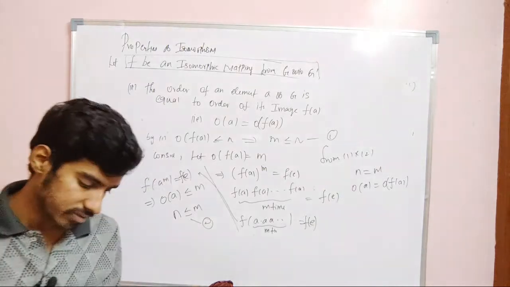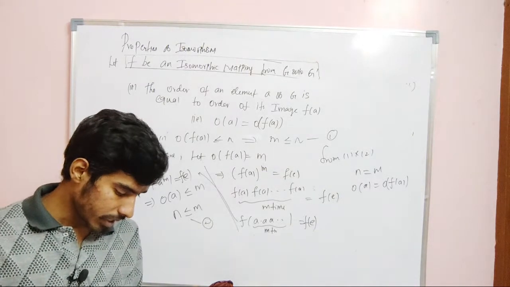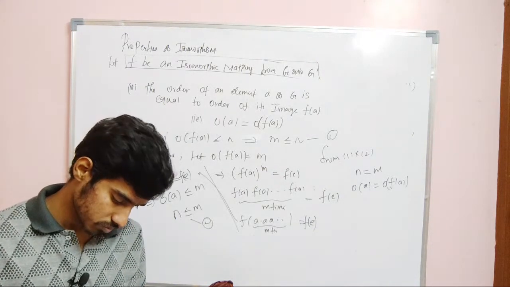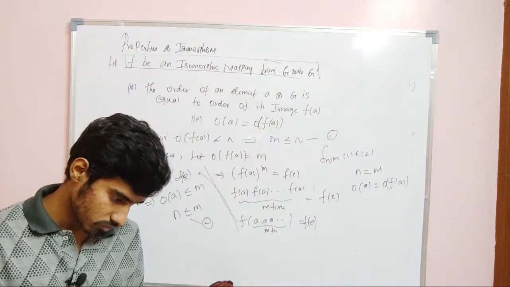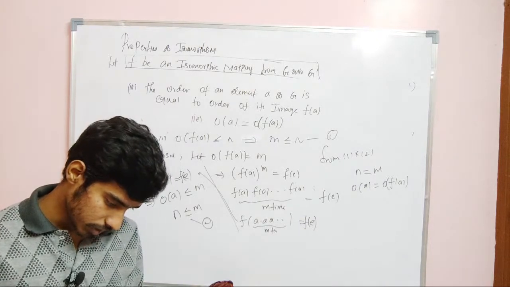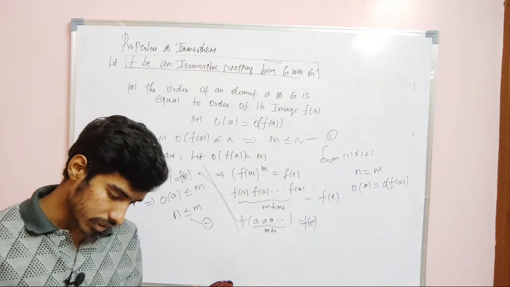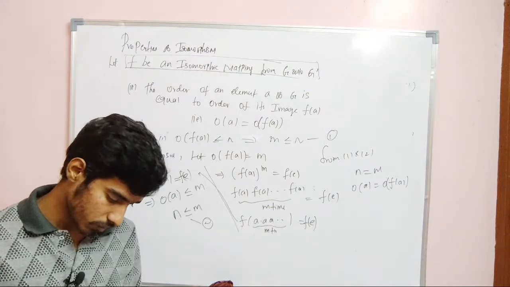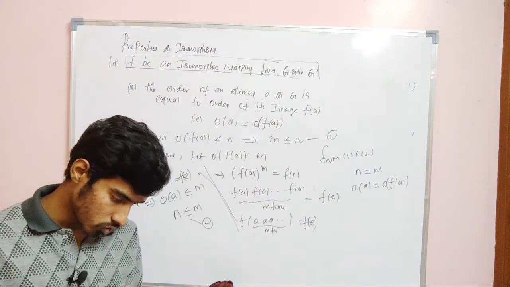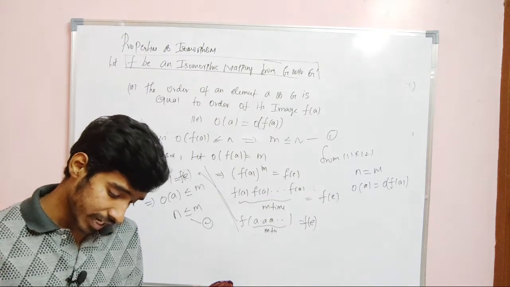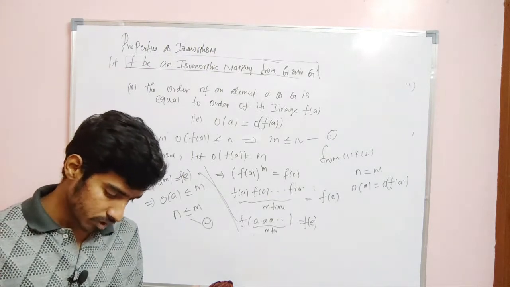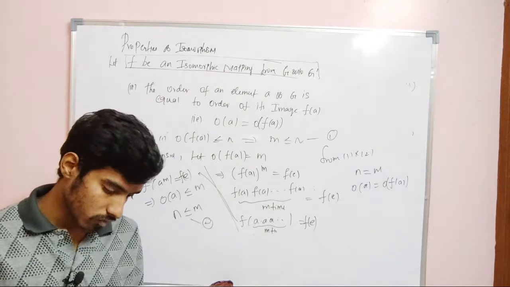So, these are the 3 exercise problems that we have in isomorphisms. And then there is a relation, that isomorphism is an equivalence relation, that one we need to prove. And then there is one theorem, that is transference of group structures, and then we are done with isomorphisms of groups, right.